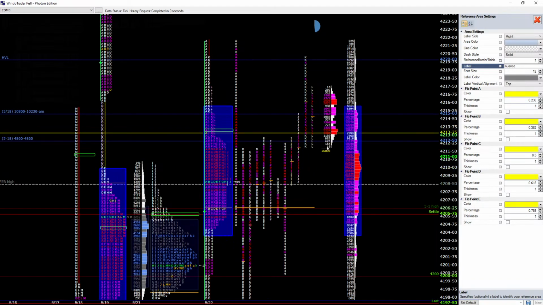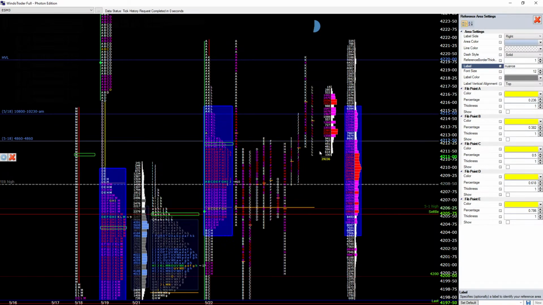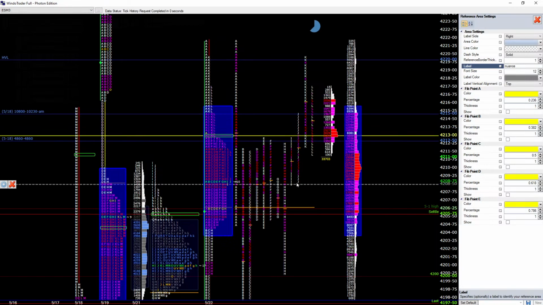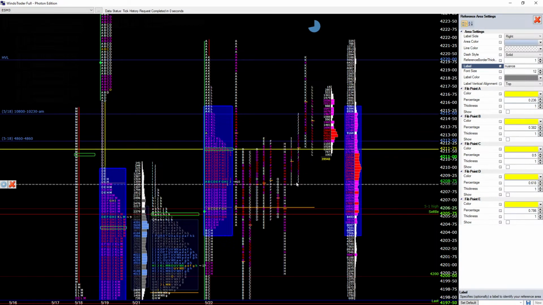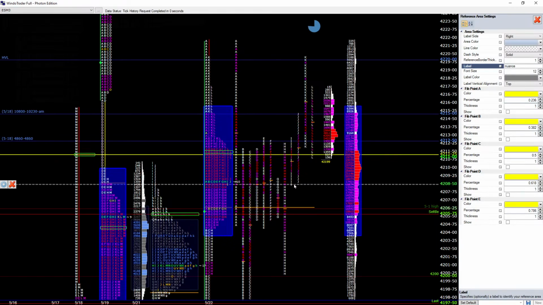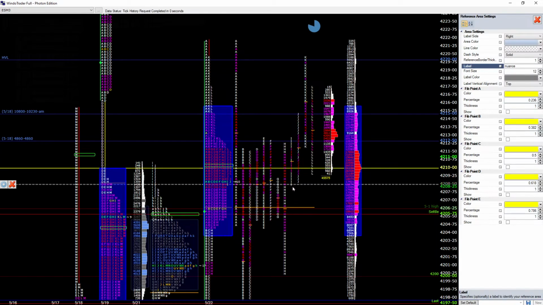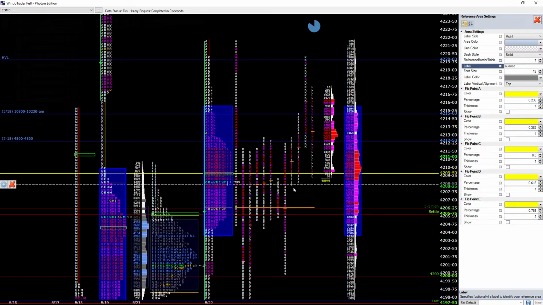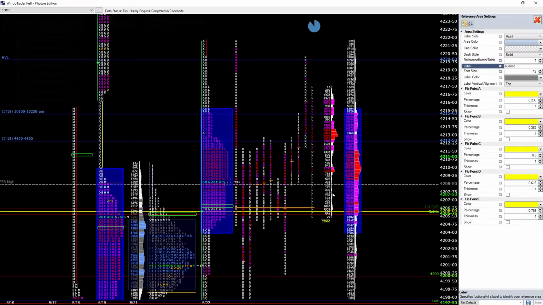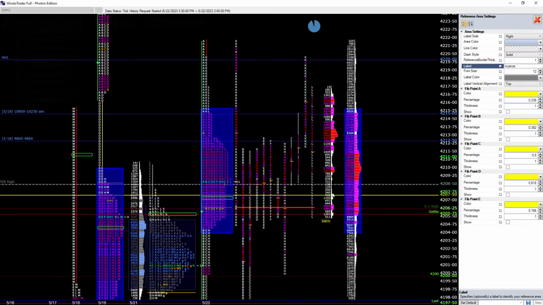Could be some liquidation here at the closing. Okay, this one's out. Let's see if the market takes this one out as well, or if the market repairs these lows. Okay, seems like it's going to do it.